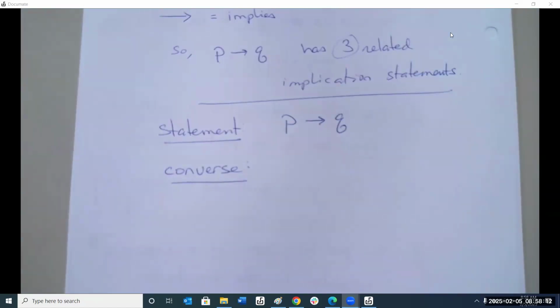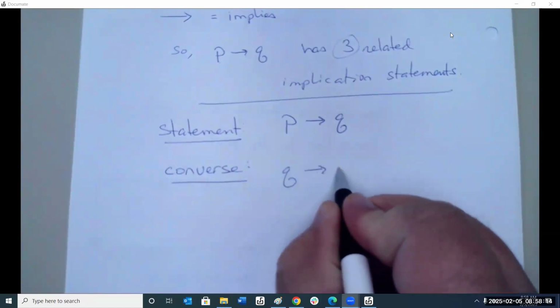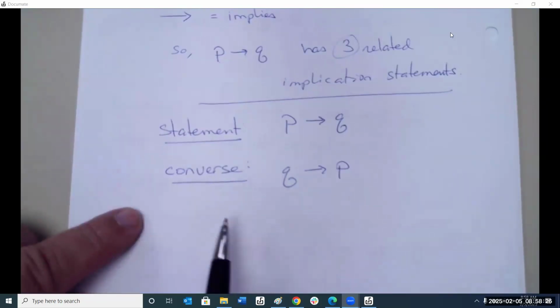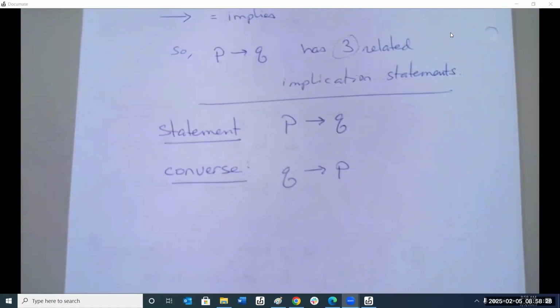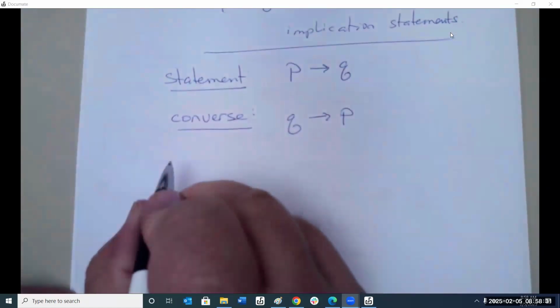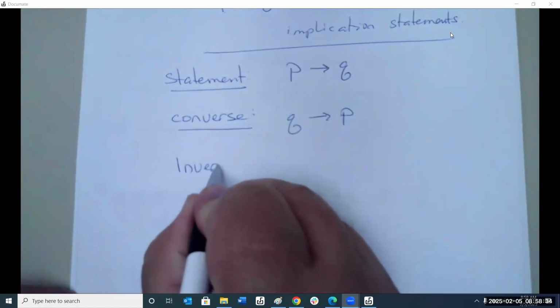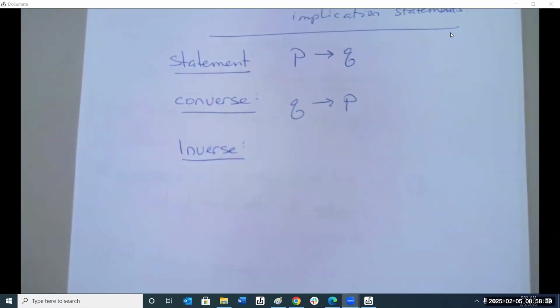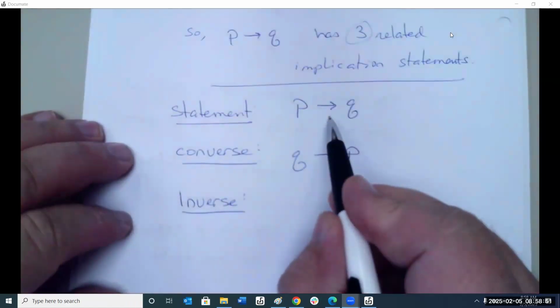The converse of that statement is if Q, then P. So what does converse mean? Flip. As opposed to the inverse. What is inverse? The opposite. So what would be the opposite of this statement?